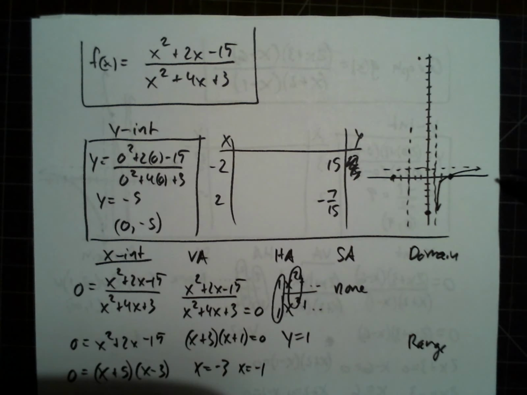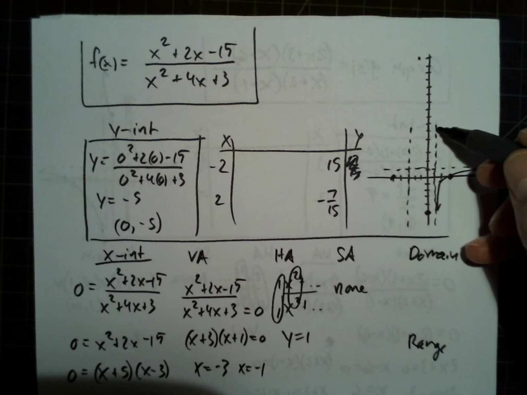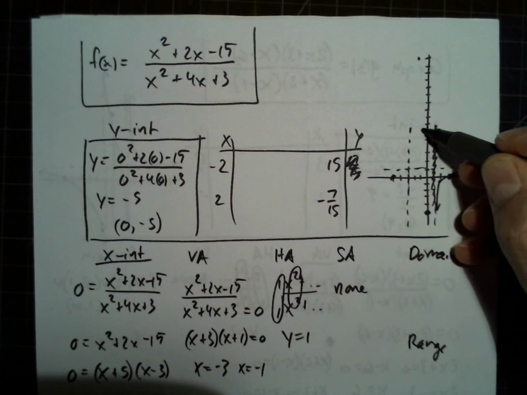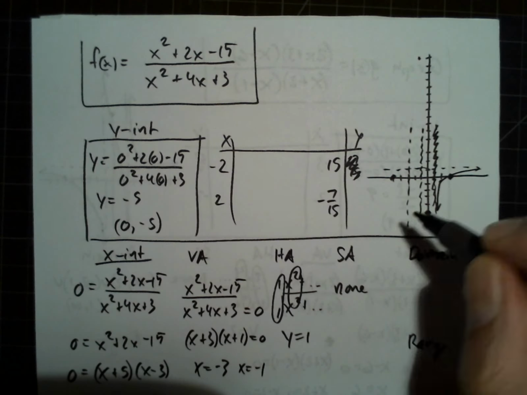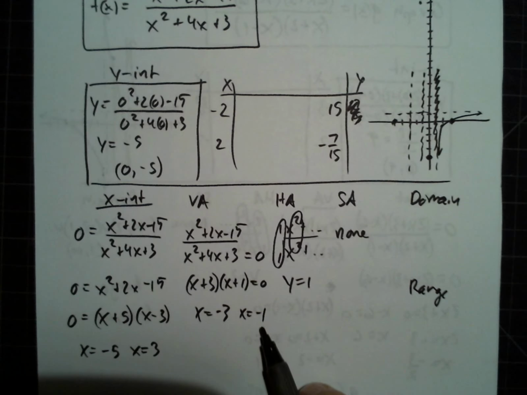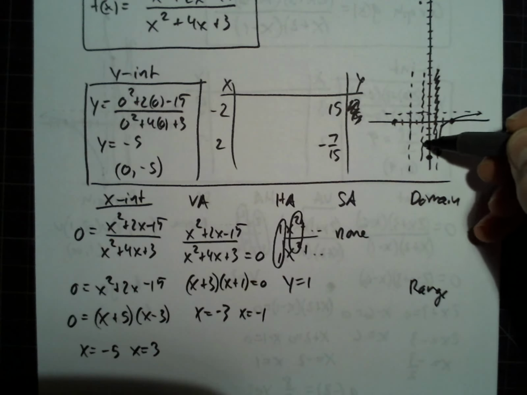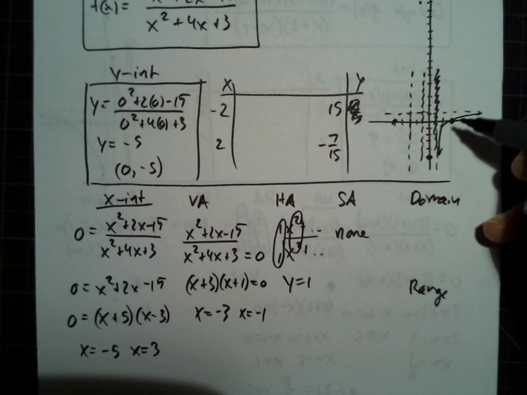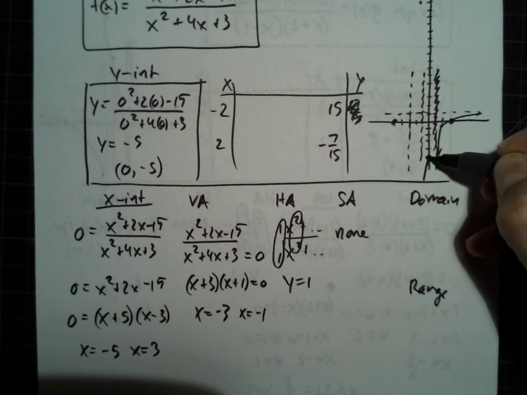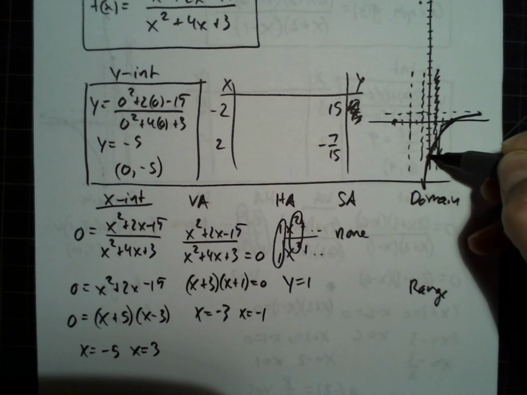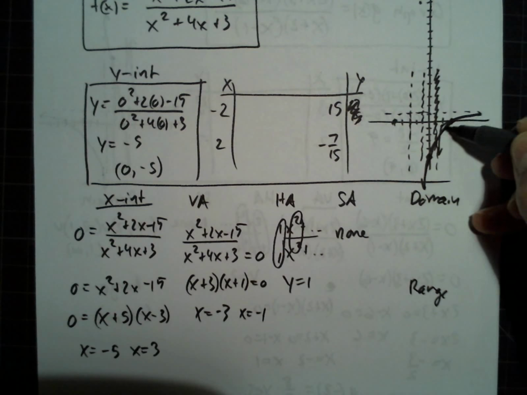This is not supposed to be there. It's over here because the vertical asymptote is -1. So we're supposed to have a vertical asymptote at -1, not at +1. And that makes this make more sense. It's going to touch the y-intercept, the x-intercept, and we go like that.